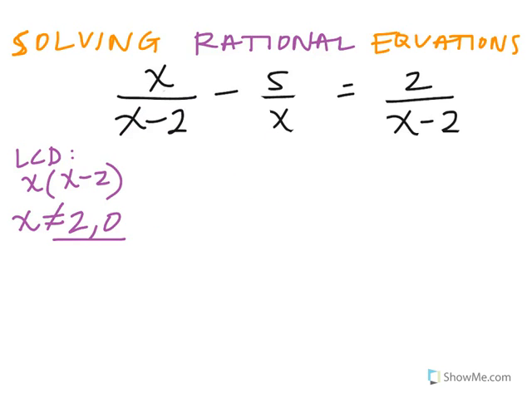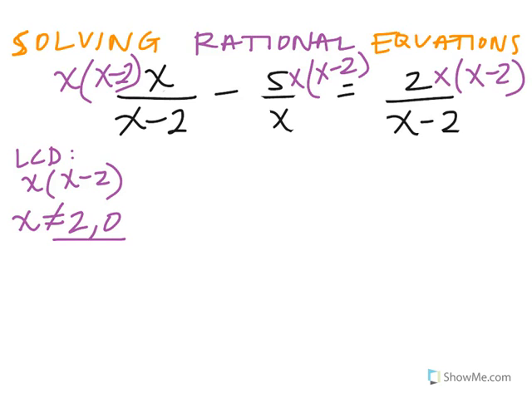Okay, so let's multiply every numerator by the lowest common denominator of all the fractions, and we'll see that this cancels out every single denominator. On the left, we have a term of x minus 2 on the numerator and on the denominator, so those cancel out, leaving us with x times x, or x squared.